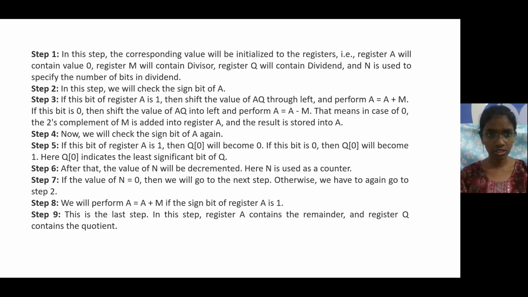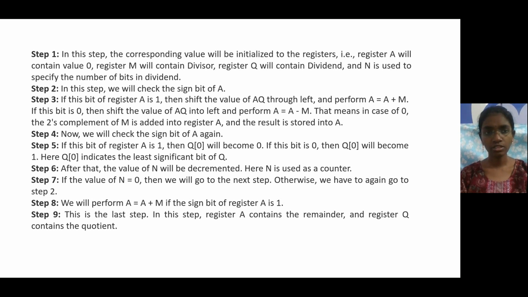Now we will check the sign bit of A again. Step 5. If this bit of register A is 1, then Q of 0 will become 0. If this bit is 0, then Q of 0 will become 1. Here Q of 0 indicates the least significant bit of Q.